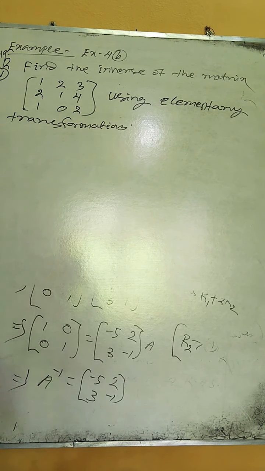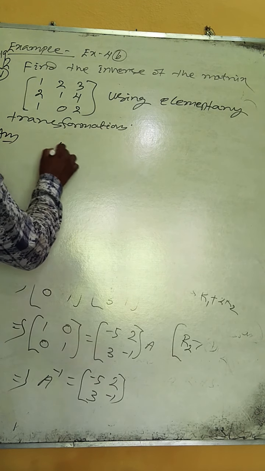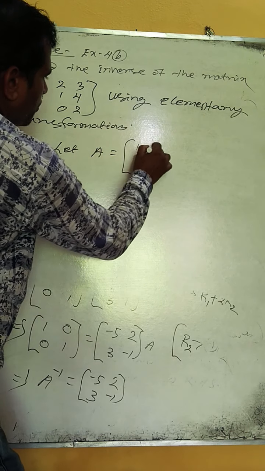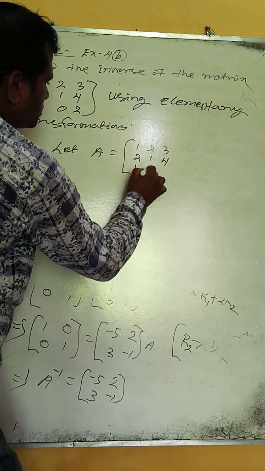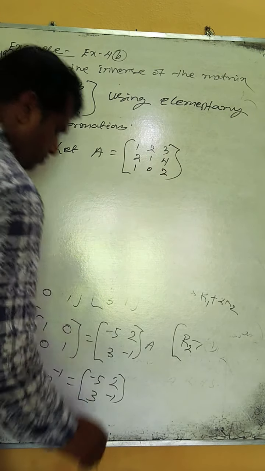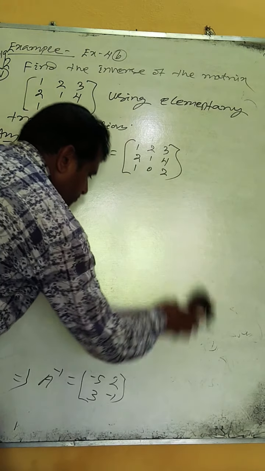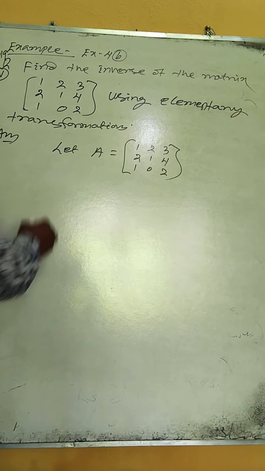Transformations means elementary row operation or column operation. Now we write, let capital A be the matrix 1 2 3, 2 1 4, 1 0 2. We find the inverse of A using row operations.